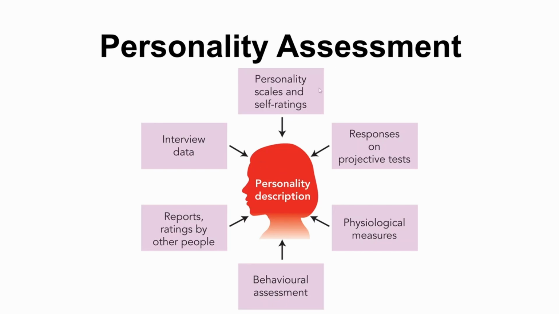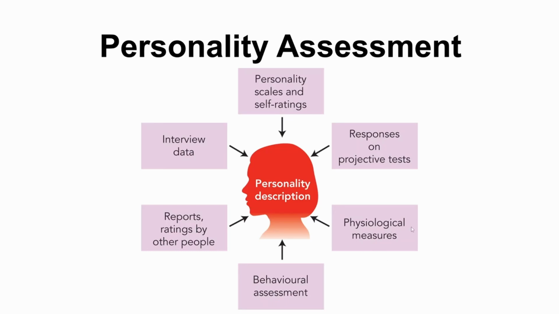So that's maybe one of our scales that involves some self-rating, but we also have other things to consider. Things like responses on projective tests. That's something like, what would you do in these situations? So looking at actions rather than just agreeing or disagreeing with statements.